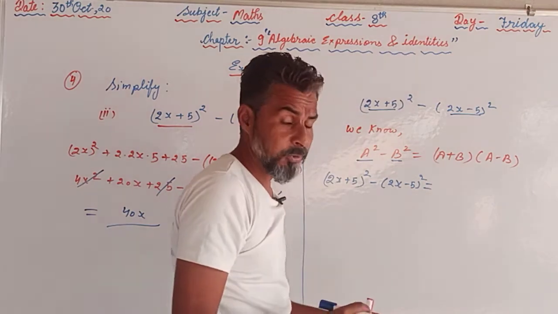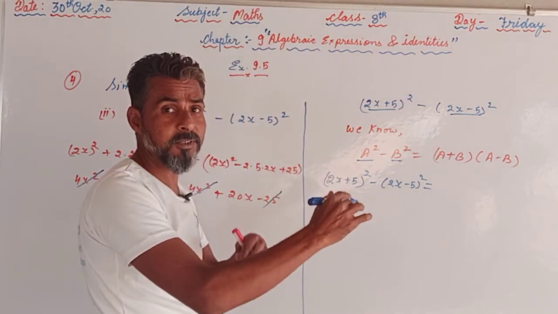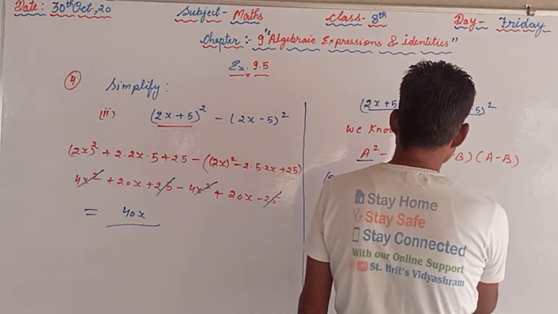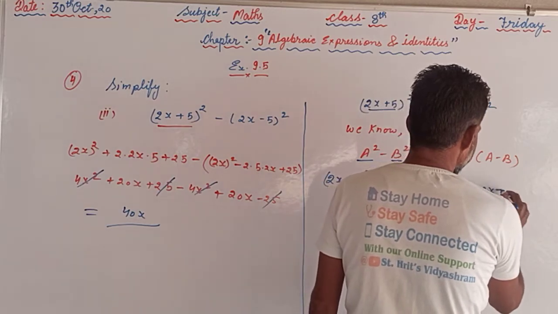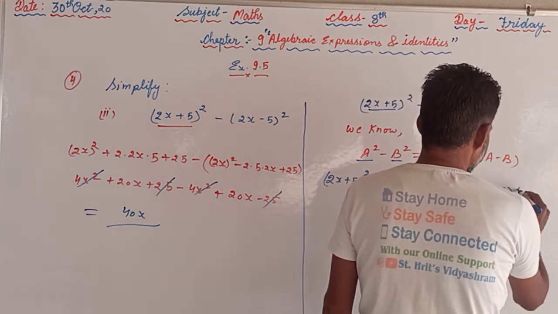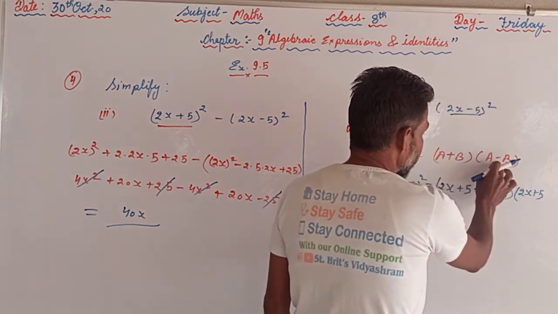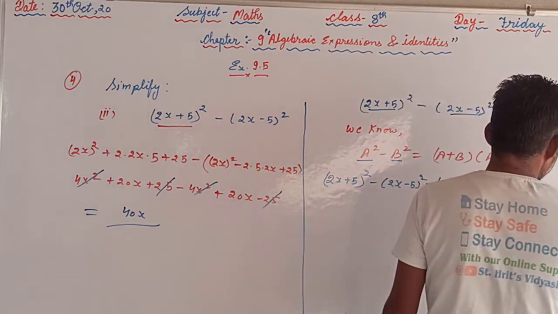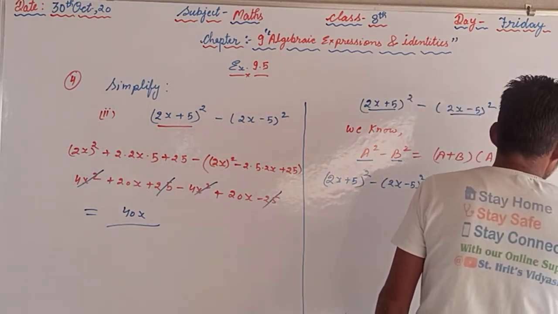Now we have substituted the values of a and b on the left hand side, so we substitute on the right hand side as well. In place of a we write 2x plus 5, in place of b 2x minus 5, again 2x plus 5 minus. Minus means it will change the signs here, 2x will become minus and 5 will become plus.